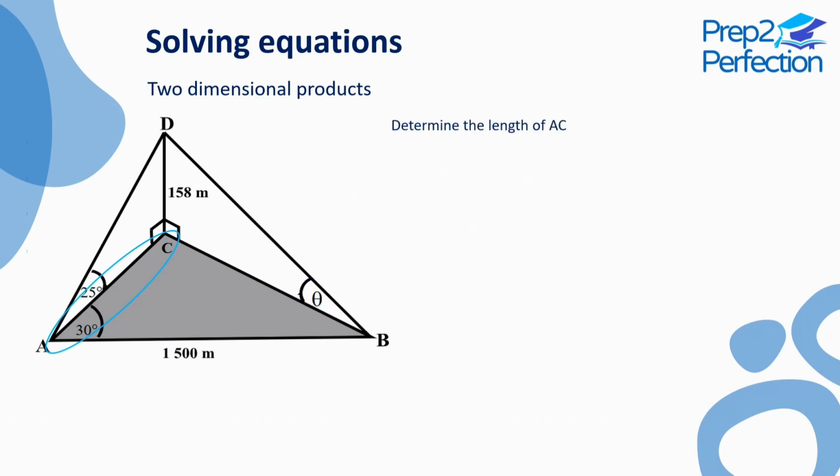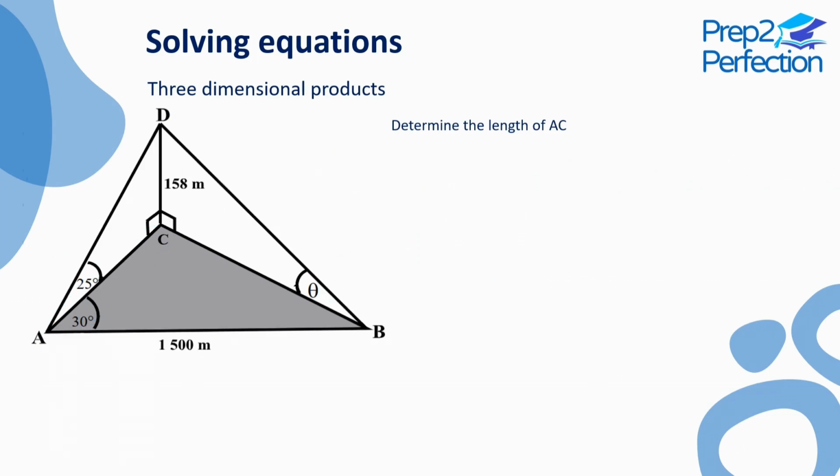We are going to start by determining the length of AC. First, we need to use the information we have been given. We know that AB is equal to 1,500 meters, and the angle CAB is 30 degrees. Since C is on the same horizontal plane as A and B, I can use trigonometry to find AC. In the triangle ABC, we have AC is equal to AB times cos 30.